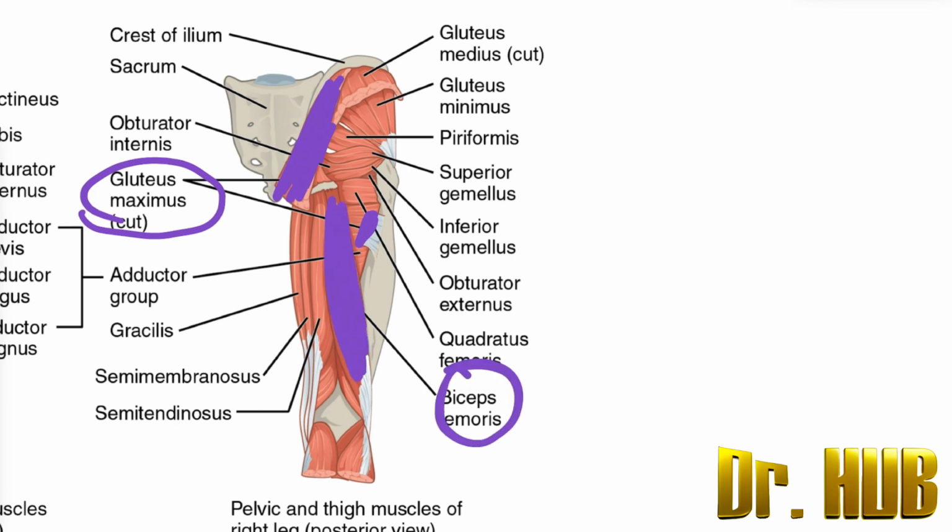This is all in terms of extension. There is the semitendinosus, as well as the semimembranosus. They are nothing but the hamstrings. So they are involved in the extension.